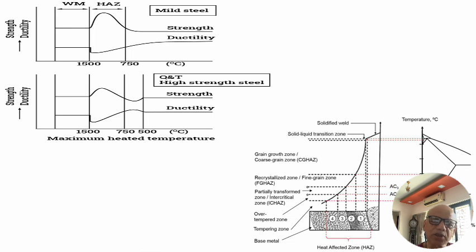But this intermediate zone is undergoing various heat treatments, as shown from this iron carbon diagram and from this chart. At the center of the weld you have the melting point plus a little higher temperature, 30, 40, 50 degrees of superheat for good flowability of that material and ensuring fusion, penetration and other parameters which are required.